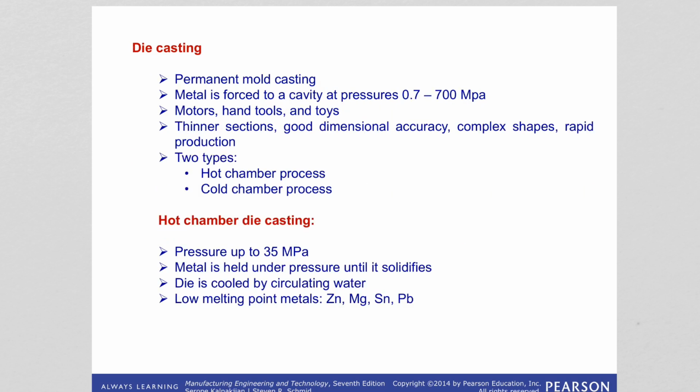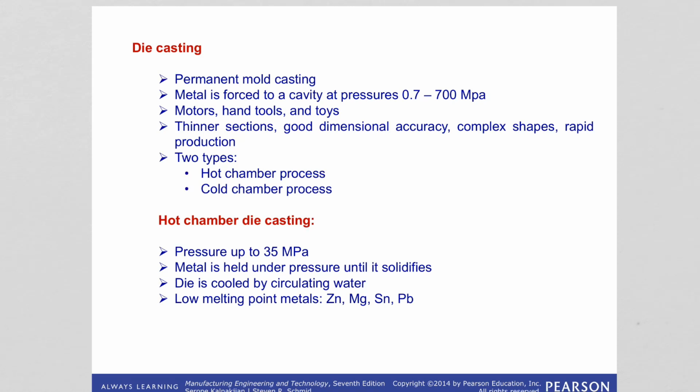What about die casting? Typical parts made by die casting are housings for transmission, business machine and appliance components, hand tools and toys.